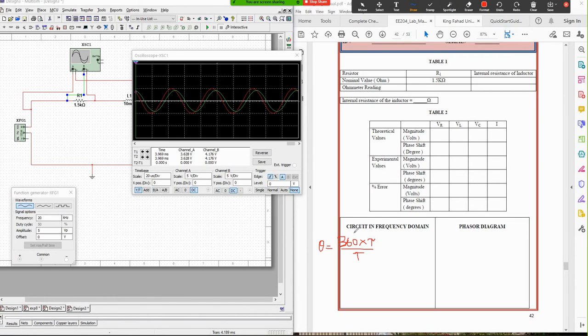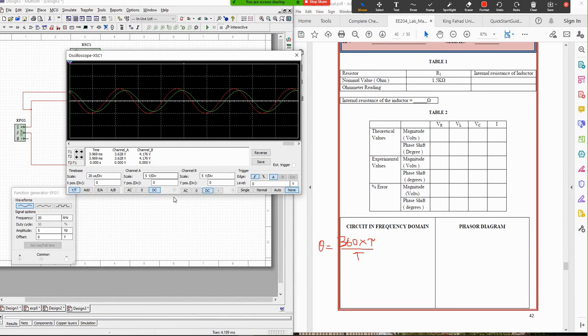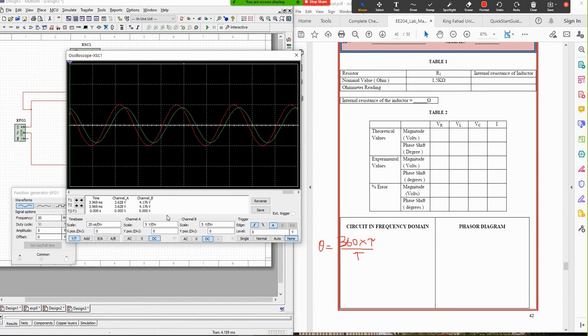The time shift can be found using this horizontal line. This horizontal line we can increase by dragging the side of this. There are two. Once we click on it and drag, you see it is moving in the red signal.